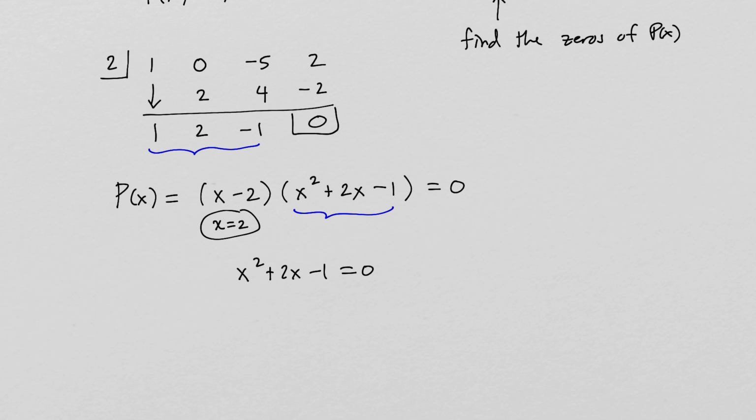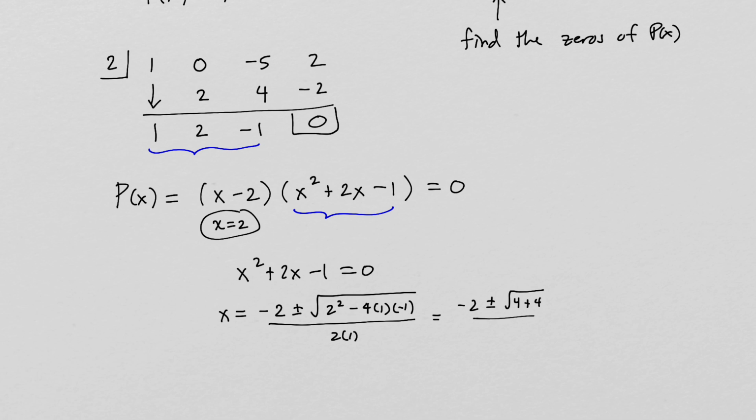Now for this, it doesn't factor, so I'm going to use the quadratic formula, and I will do this silently. So make sure you can follow along here, right? Make sure you know the quadratic formula. This gives us negative 2 plus or minus the square root of 4 plus 4, divided by 2. This is negative 2 plus or minus the square root of 8 divided by 2.